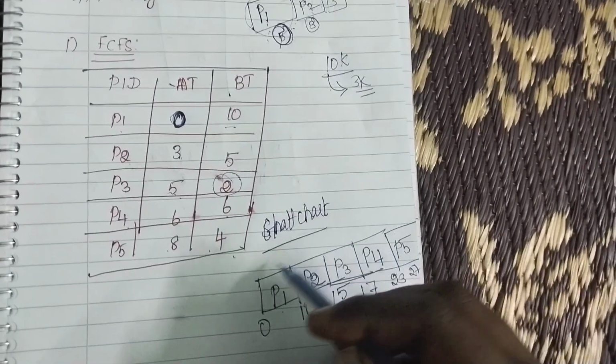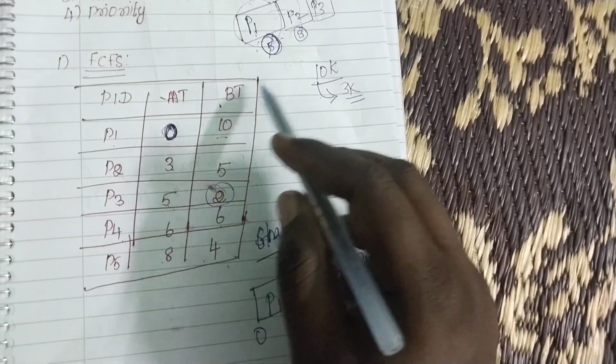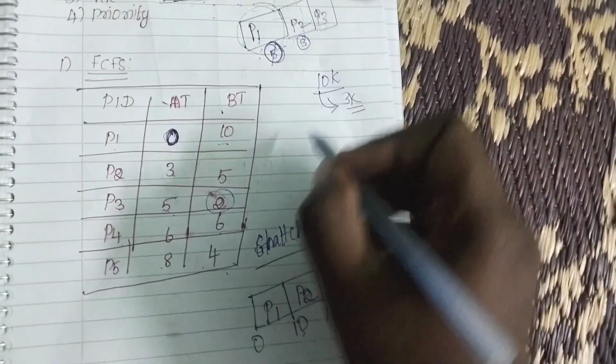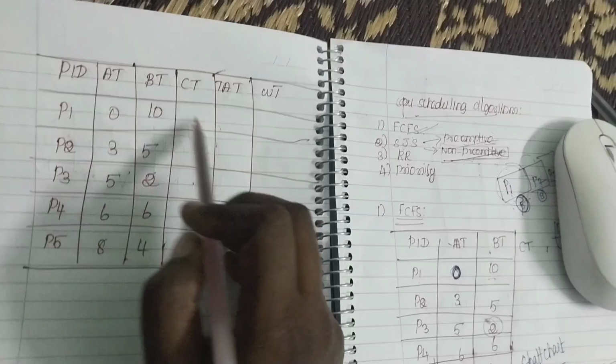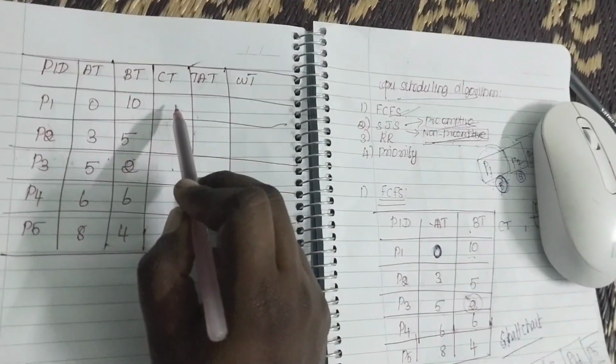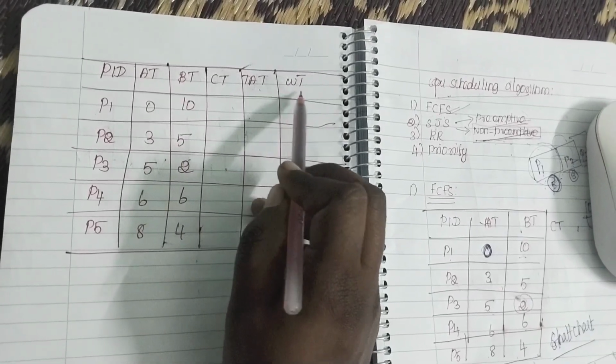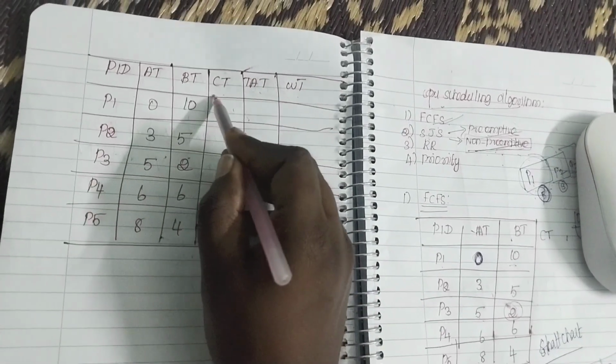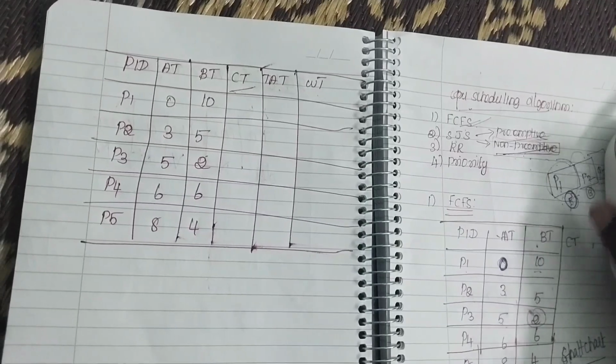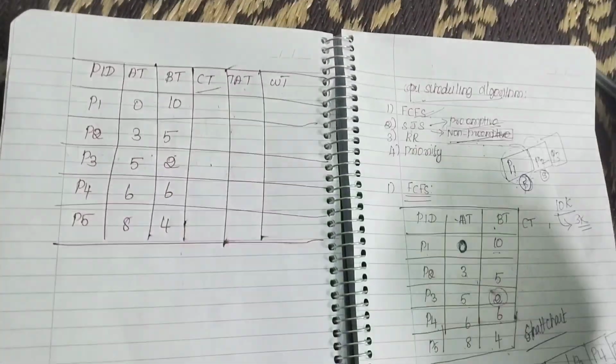After drawing the Gantt chart, you elaborate your table. In the same question I have added three more columns: completion time, turnaround time, and waiting time. Completion time means the time at which the process completes. Check the Gantt chart. Normally you check the completion time at the right side.